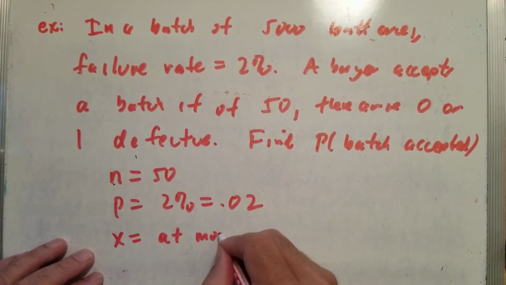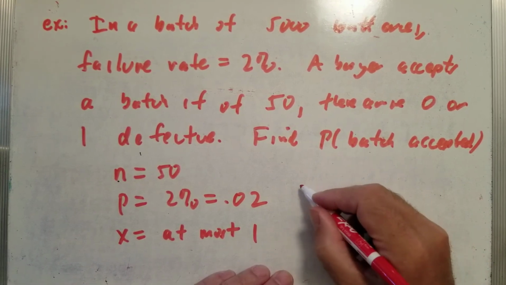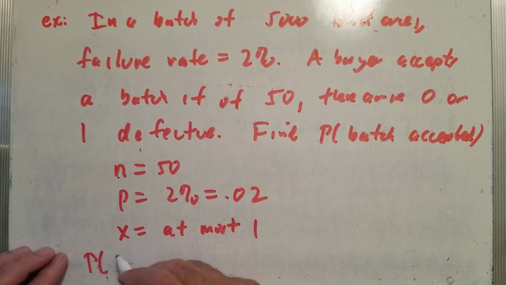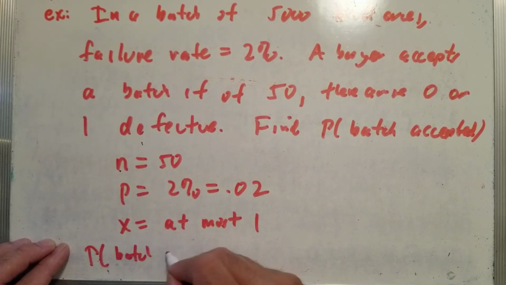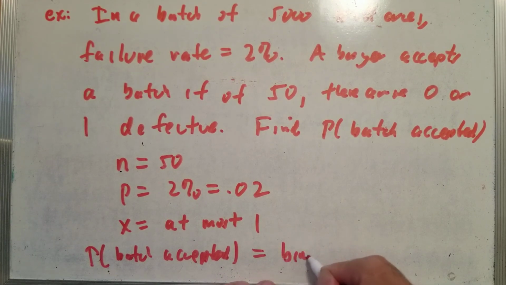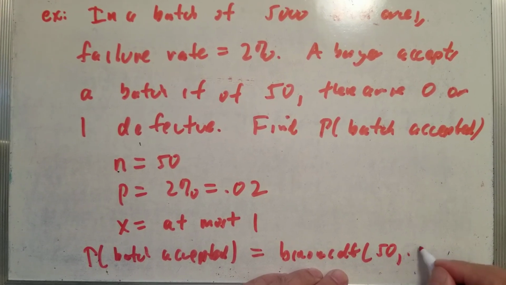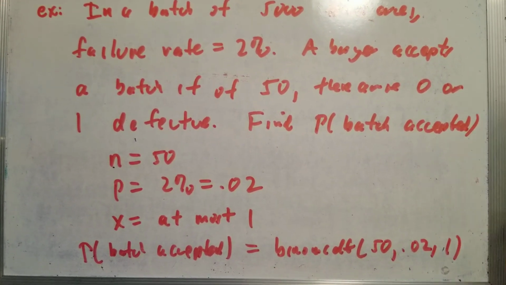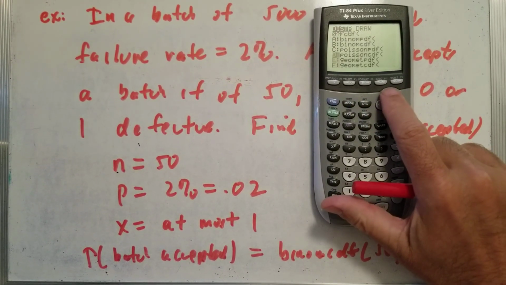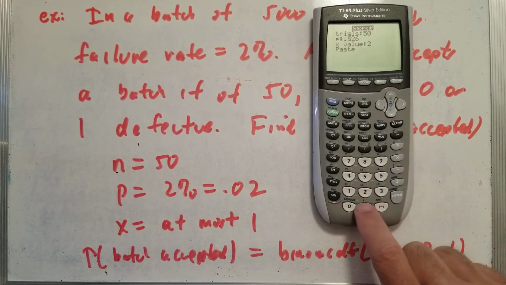And so this can be answered as the probability the batch is accepted is binom CDF 50, 0.02.